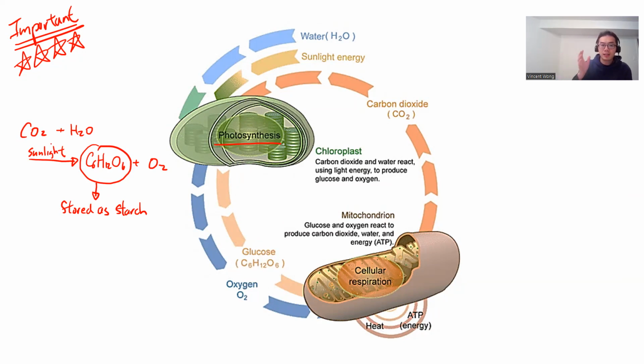And then the glucose can be burned, can be used as fuel by the mitochondria. And the reaction that's going on in the mitochondria is called cellular respiration. In this case, you are taking the glucose and reacting it with oxygen to produce carbon dioxide and water.